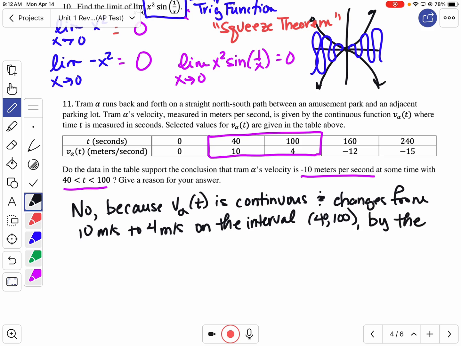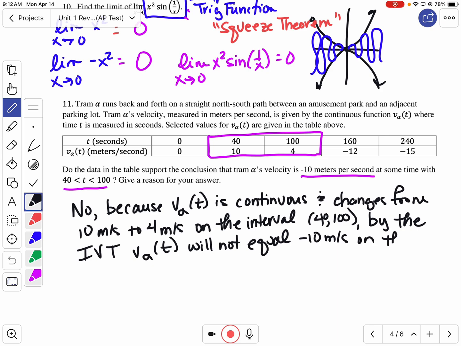By the intermediate value theorem, and you can actually write IVT, they know what that means, v sub A of t will not equal negative 10 meters per second on that interval.